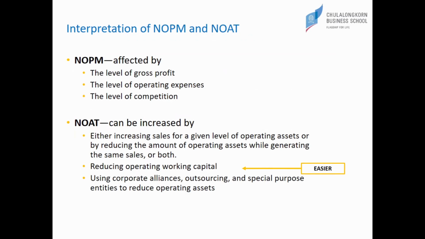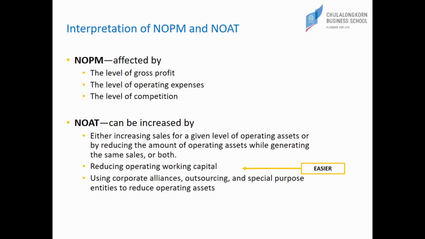And for NOAT, it can be increased by either increasing sales for a given level of operating assets, or reducing the amount of operating assets, which is not going to be easy, as we saw earlier, while generating the same sales or volume. Or they can reduce the operating working capital. When you reduce this operating working capital, this will lead to higher NOAT.